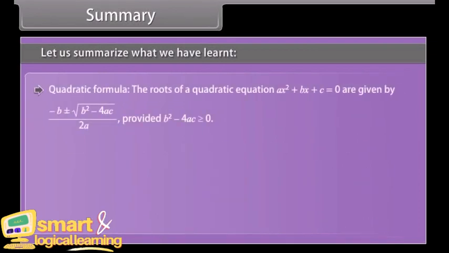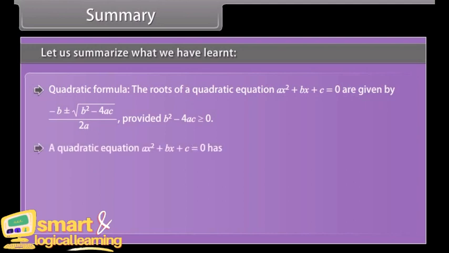Quadratic formula. The roots of a quadratic equation ax² + bx + c = 0 are given by (-b ± √(b² - 4ac)) / 2a, provided b² - 4ac ≥ 0.